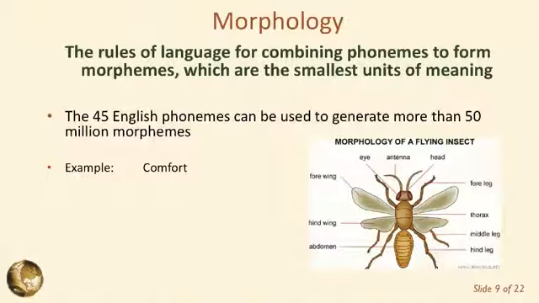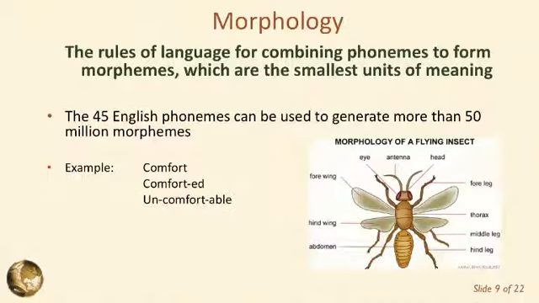So we can say that the word comfort has just one morpheme. But if we add ed, we're changing the meaning. We're indicating that it's used in the past. And we have, therefore, two morphemes. Comfort is the first, and ed is the second.